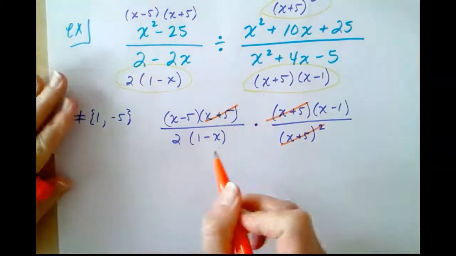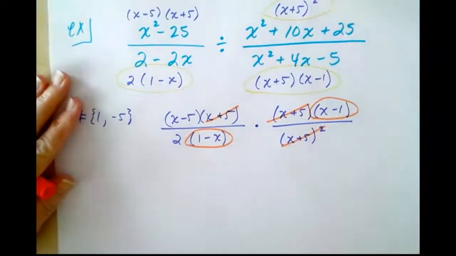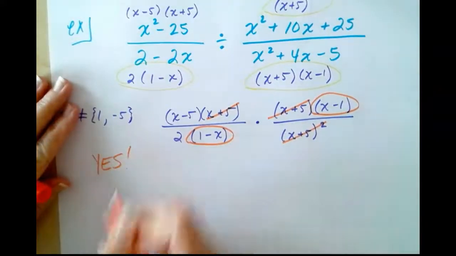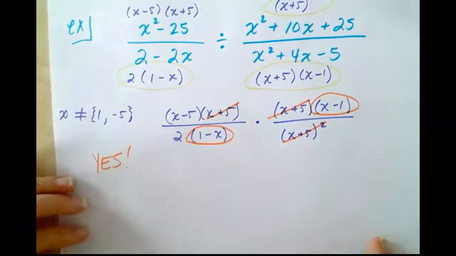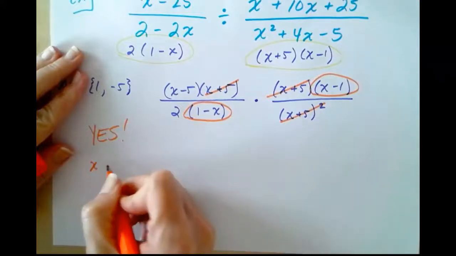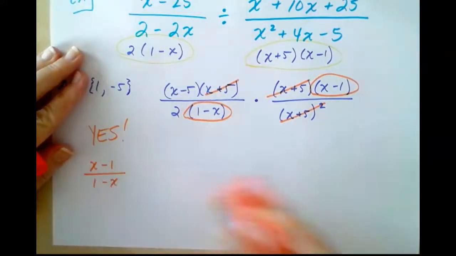Now, I chose this problem so we could very carefully consider these two factors. Are they related? Yes, they are. Let's take a better look at what happens if we have x minus 1 over 1 minus x.